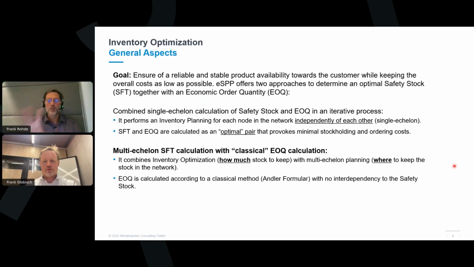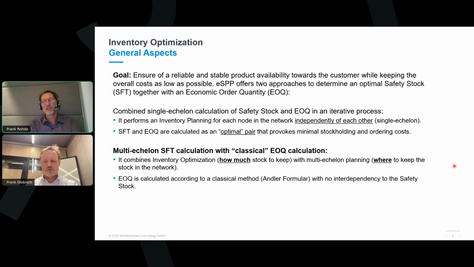But we don't want to focus too much on this one today. We would like to introduce you to the multi-echelon safety stock calculation within eSPP. The big difference is that this algorithm is not only calculating how much stock we should keep in each location, it also tells us where to keep the stock in the network.